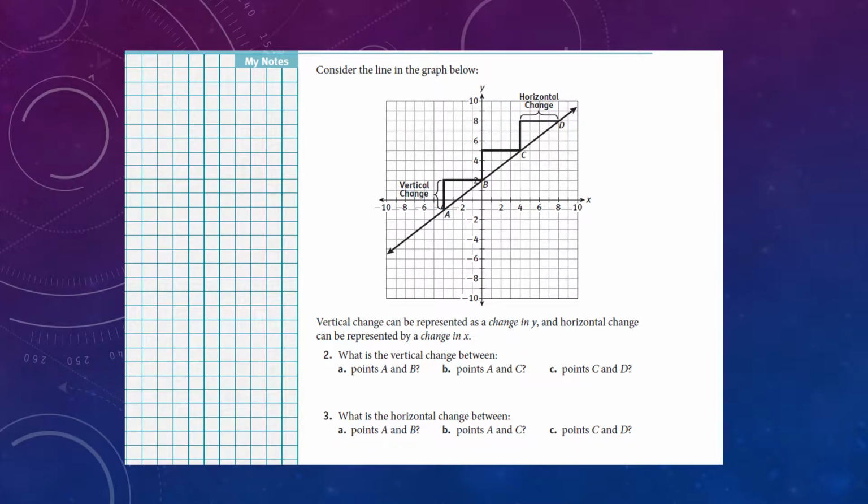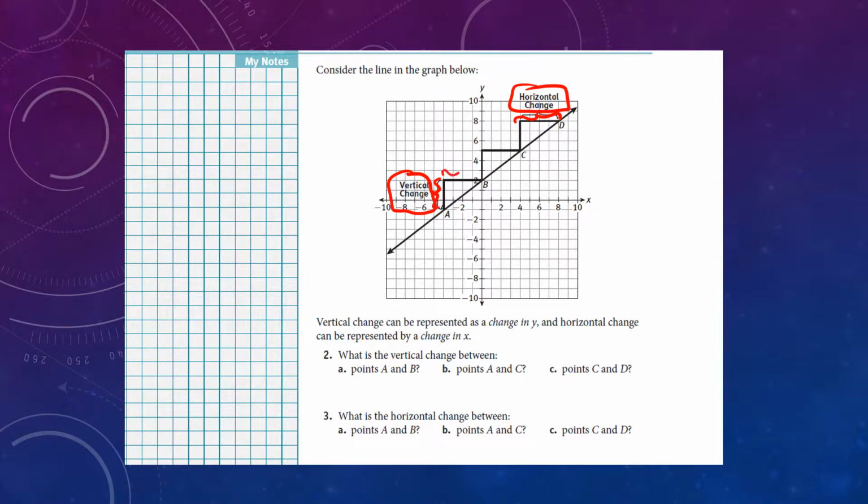So this puts mathematically what we just talked about in the last slide. It says consider the line in the graph below, and it shows some vertical change here, and that's this part, and it compares it with some horizontal change. That's this part. And it's just showing it in two different sections.